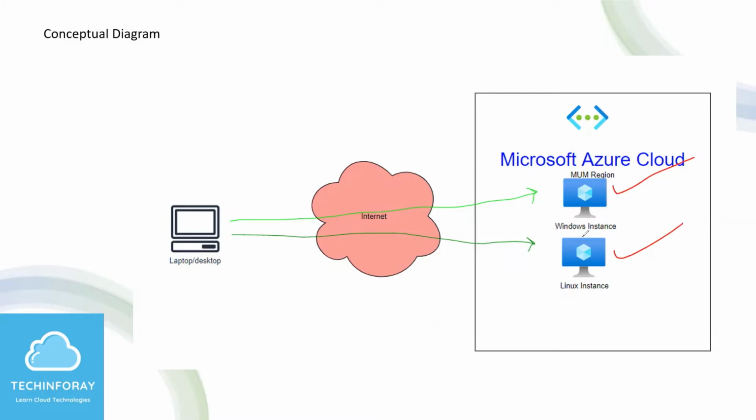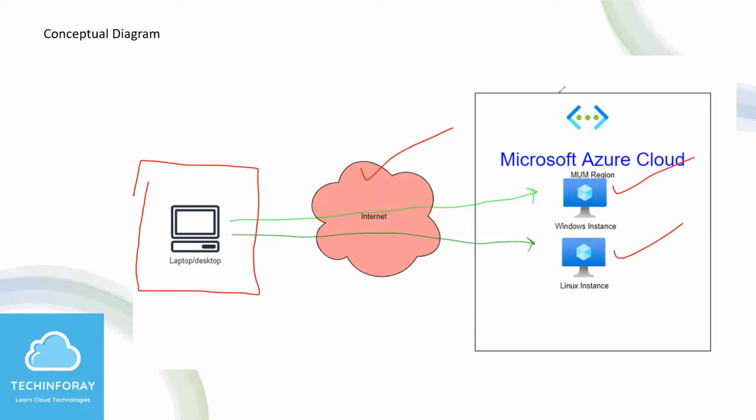Once these instances are created, from our laptop we will access these machines over the internet. So by sitting at your home, you can create virtual machines on Azure Cloud and deploy your projects or websites over the internet.